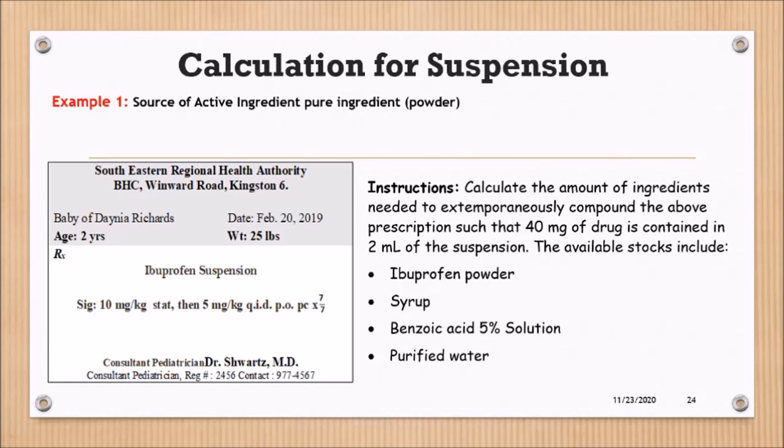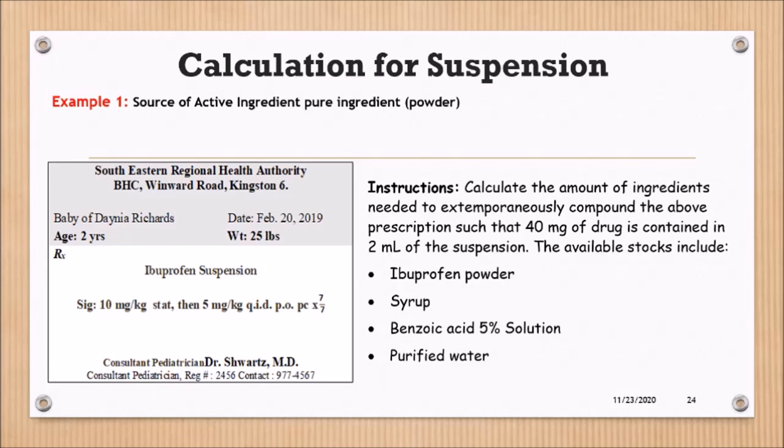You're also going to scan the date at which the prescription was written, and you're also going to look at whether or not certain parameters such as weight, height, body surface area are written there. In this case, we have the weight and we have the dose recorded as milligram per kilogram. So, we have to do some calculations there.